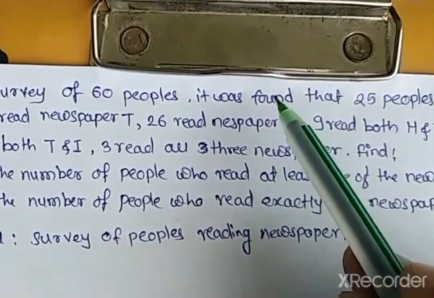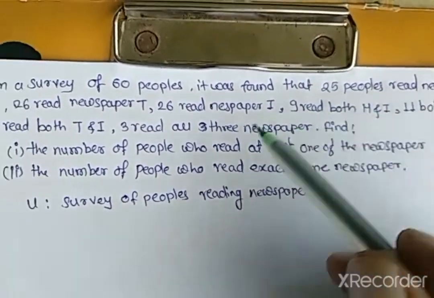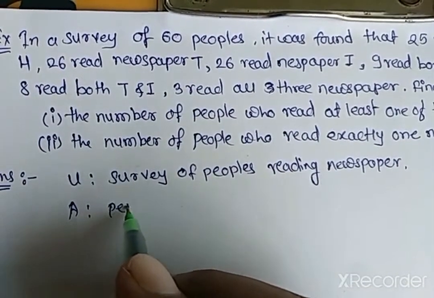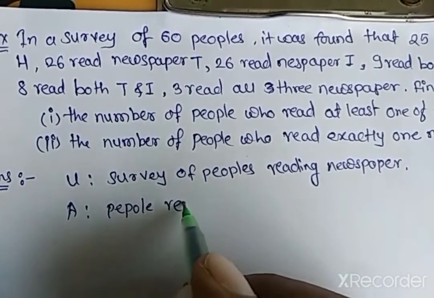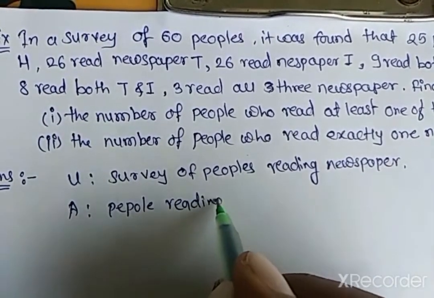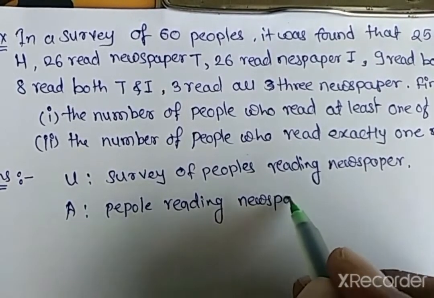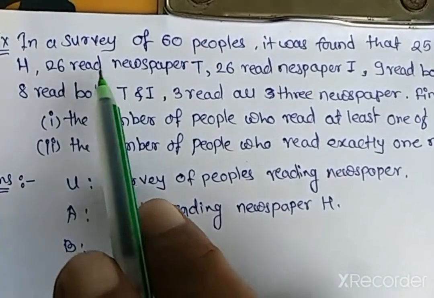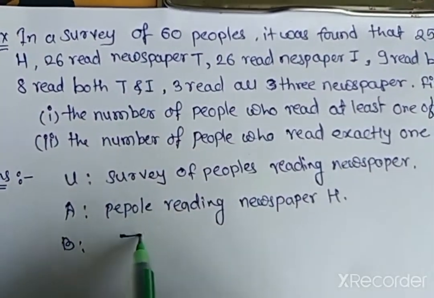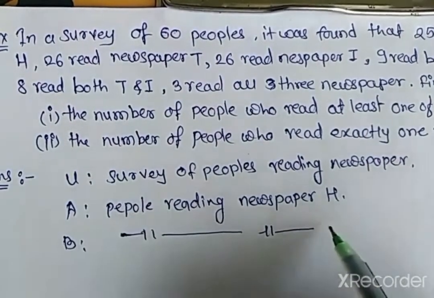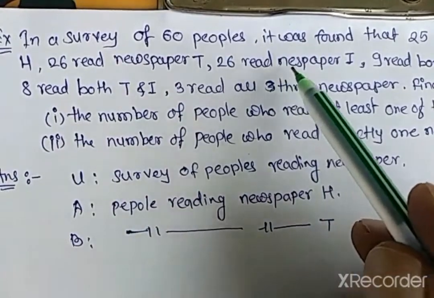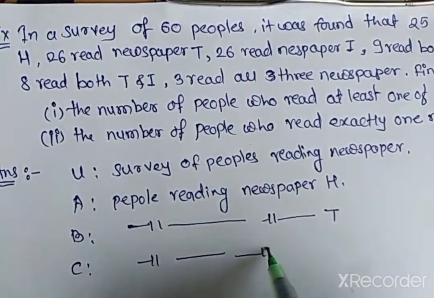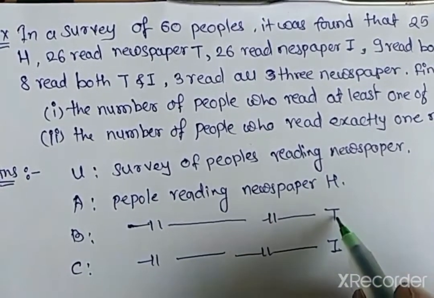Okay, now it was found that 25 people read newspaper H. So we define first set A as people reading newspaper H. Okay, next it is given that 26 read newspaper T, so people reading newspaper T, and 26 read newspaper I. So here there are three sets. Okay, H, T and I.